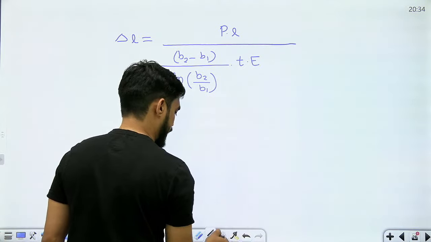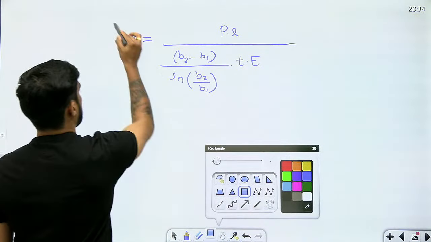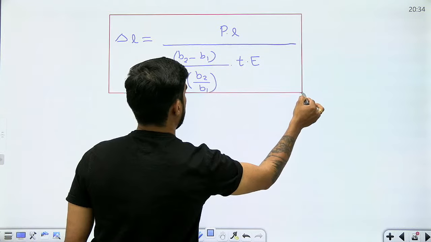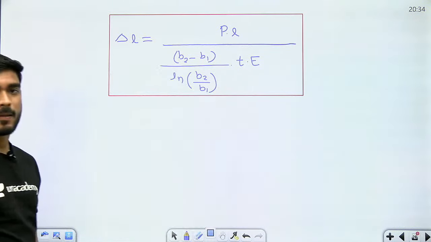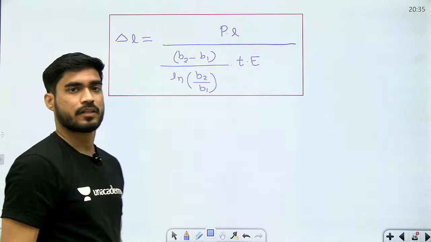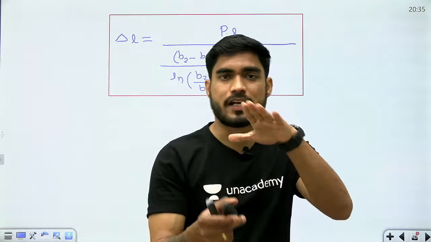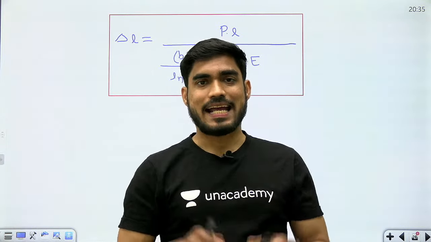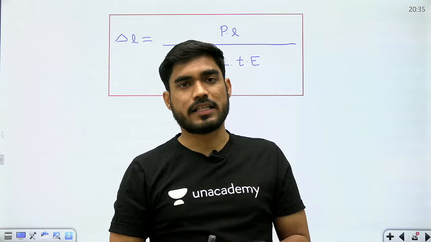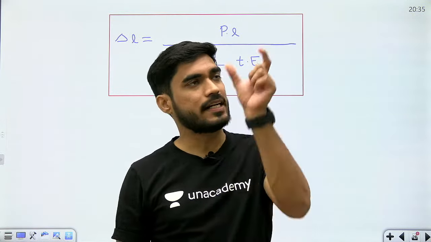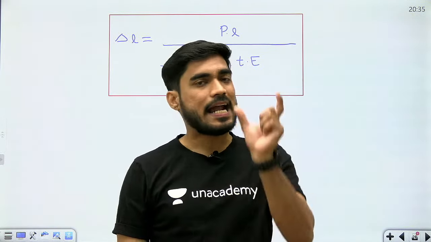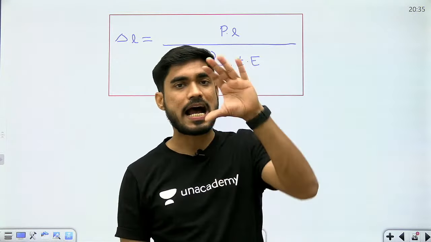And there is a very simple trick to remember this also. What is the trick? If there is a rectangular cross section bar and you are applying a force, then what will be delta L? If it is constant, it will be PL by A, and A will be b into t, height into thickness.